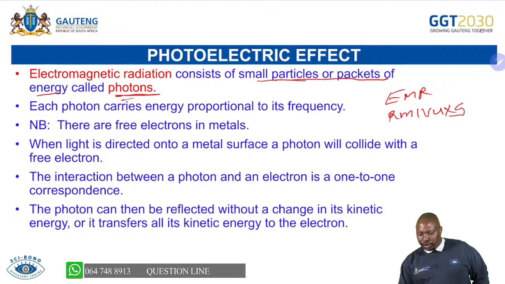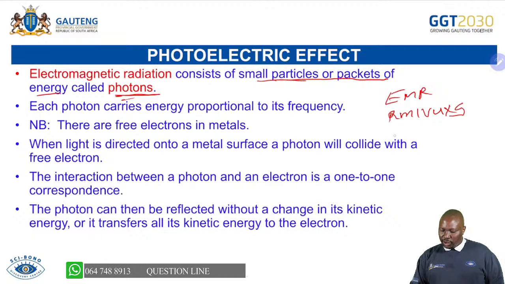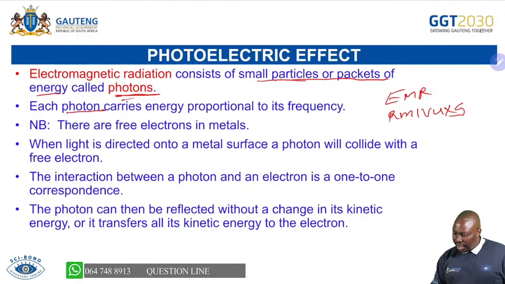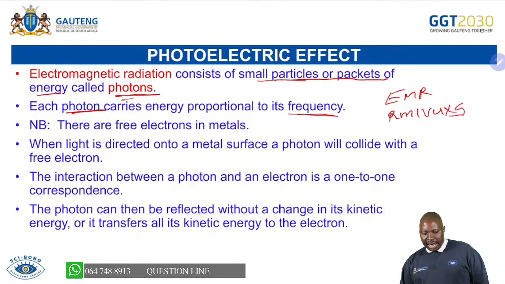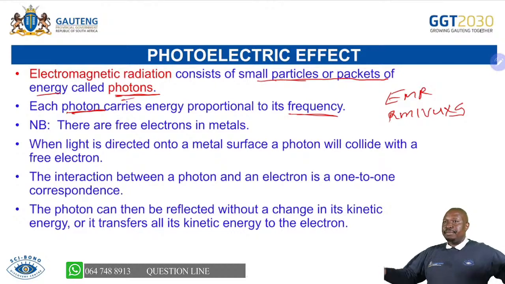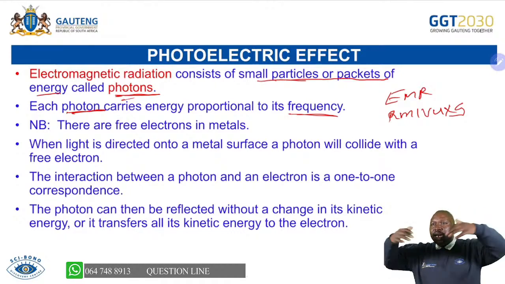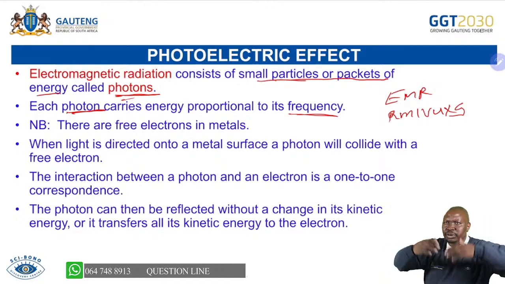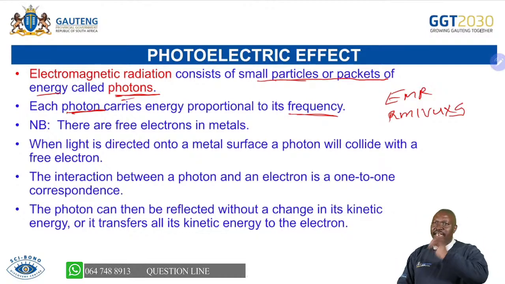Now, when you expose a metal surface to these photons, these photons will carry energy which is proportional to their frequency. Because metals, we said, have delocalized or free electrons around them, it's very important that you understand metallic bonding here.